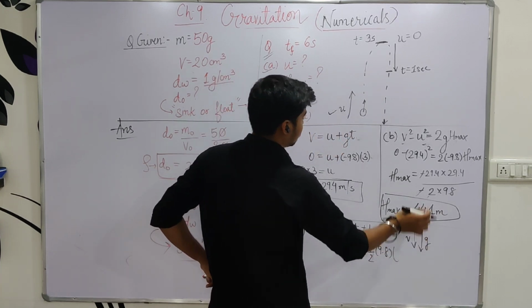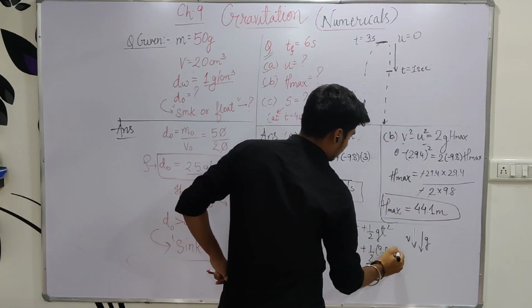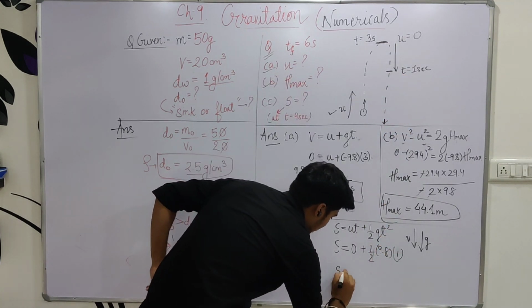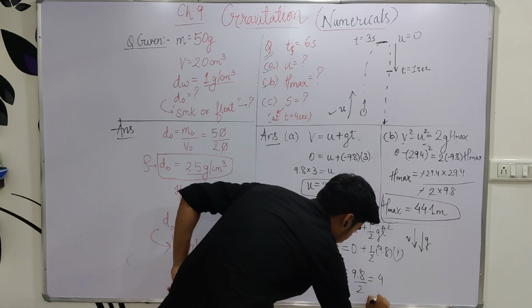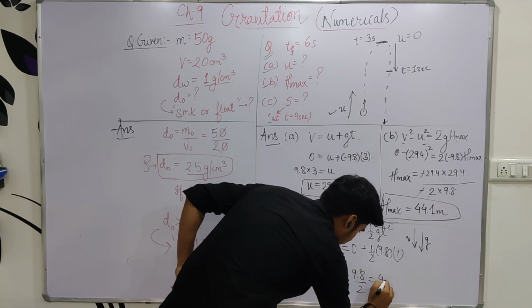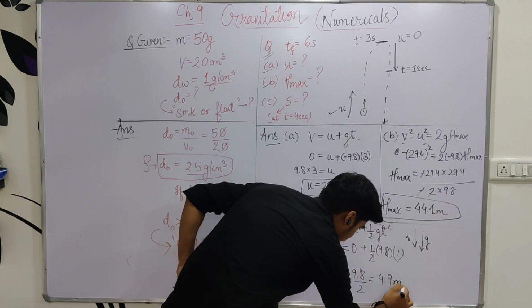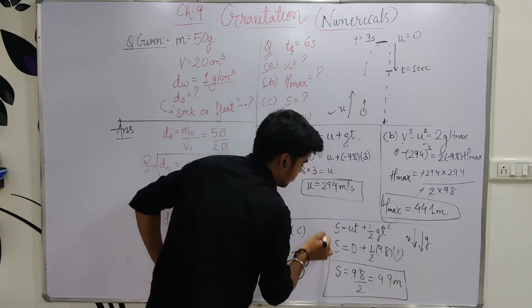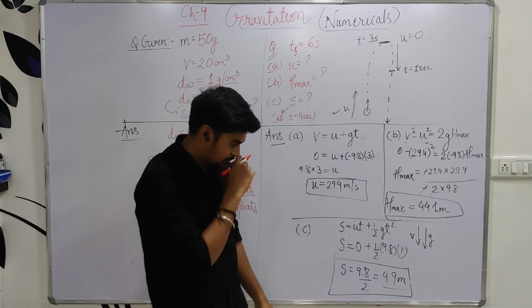No, we won't take 4 seconds because it takes time from here to here as 1 second only. s will be equal to 9.8 by 2. 2 4s are 2, 9s are... The answer will be 4.9 meter. So our answer will be 4.9 meter.